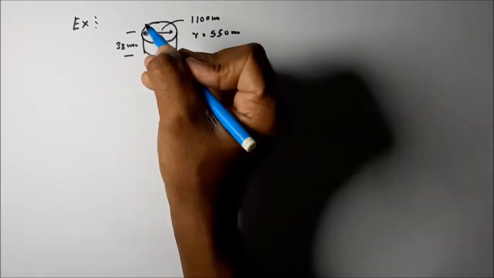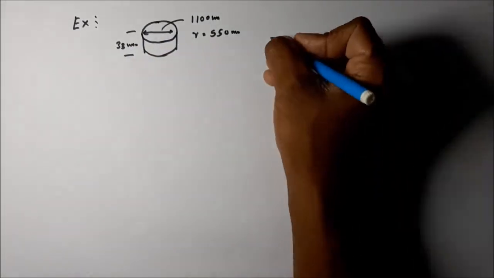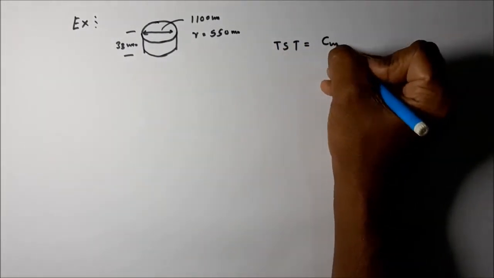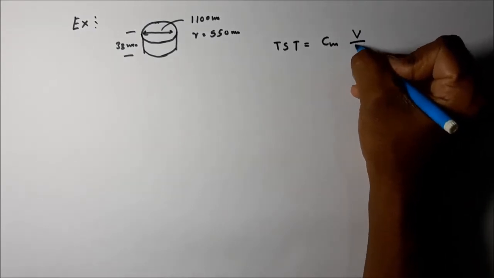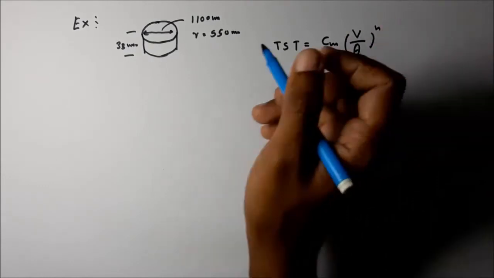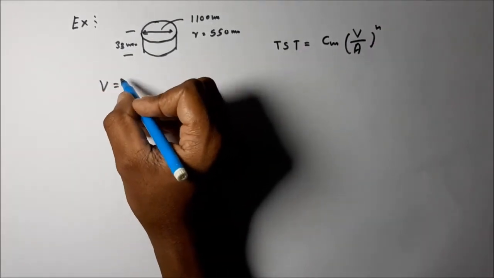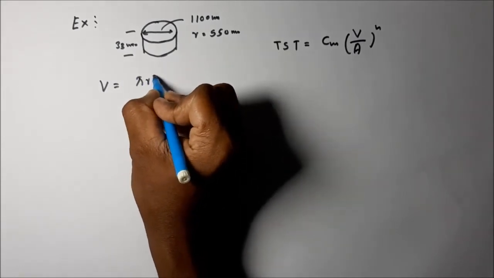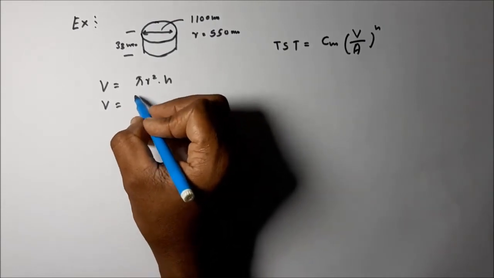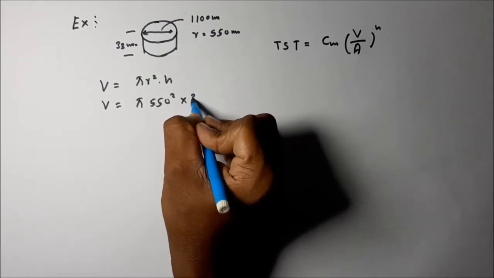33 millimeters. Okay, then first of all, you have to recall Chvorinov's rule. Total solidification time is equal to Cm times V divided by A to the power of n. First we have to calculate the volume of the casting. Volume of the casting is equal to πr²h, that is π times 550 squared times 33.